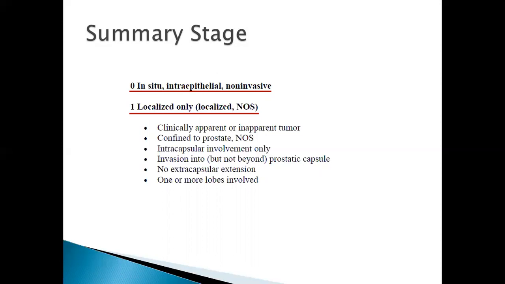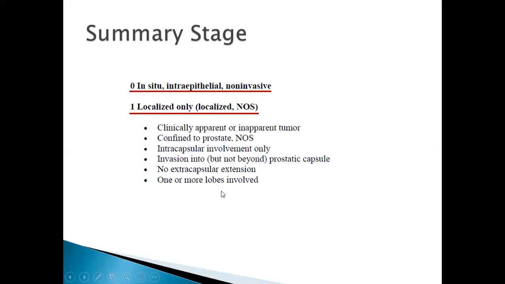The tumor is confined to the prostate, okay? This includes a tumor that invades the prostatic capsule, but the tumor does not go beyond the capsule, okay? So invasion into, but not beyond, the prostatic capsule, all right?